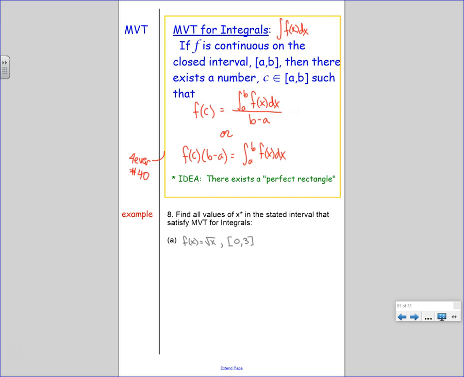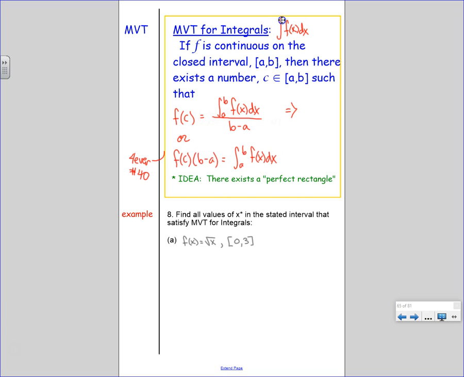Here is another way of writing this, a way that makes more sense with the MVT that you already know and have studied. I'll put this board down here. I could write this a little differently.